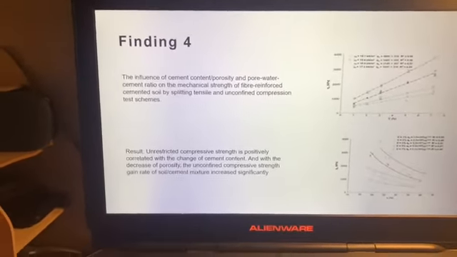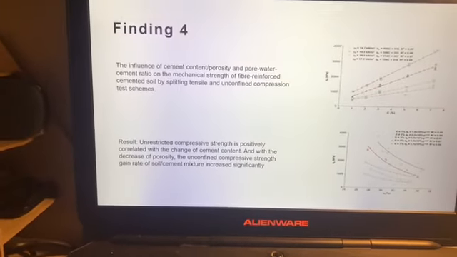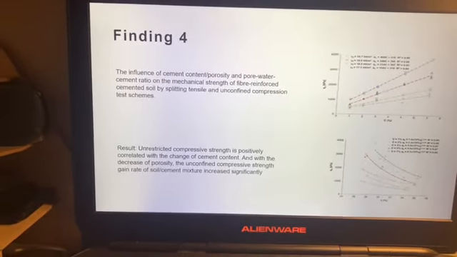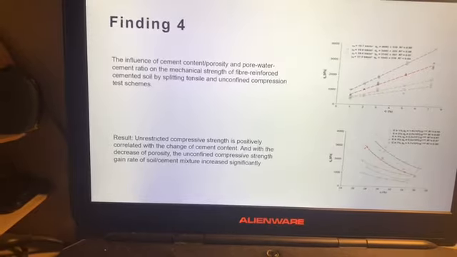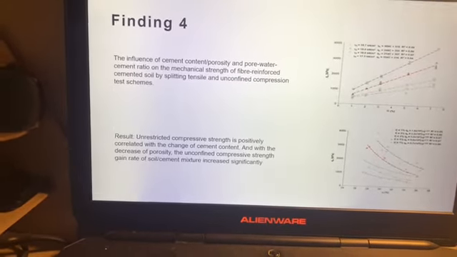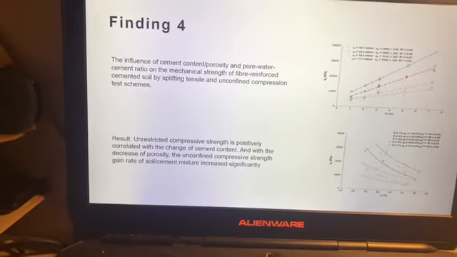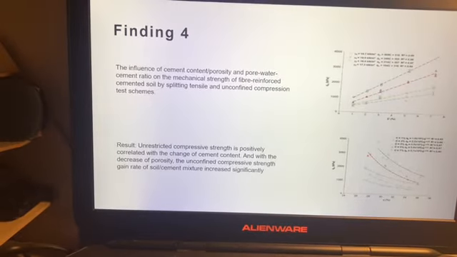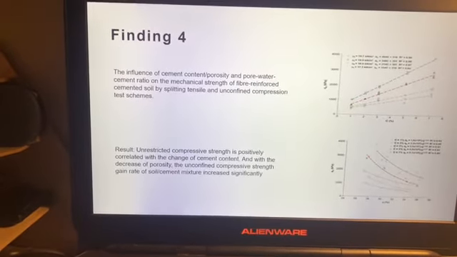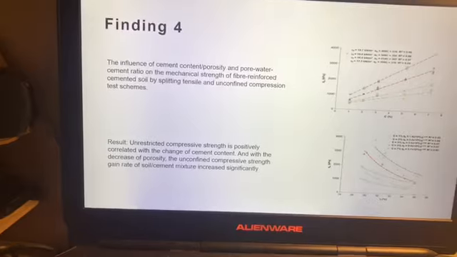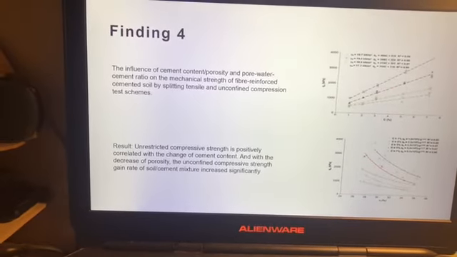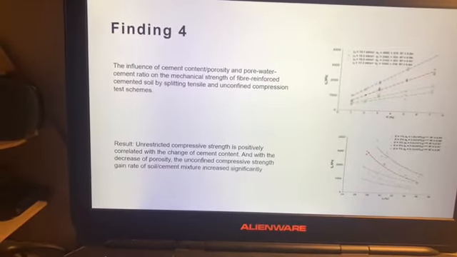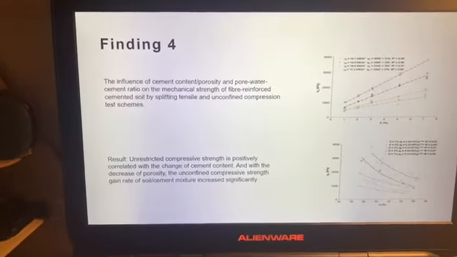Finding four is about the influence of cement content, porosity, and pore water cement ratio on the mechanical strength of fiber reinforced cemented soil by splitting tensile and unconfined compression test schemes.